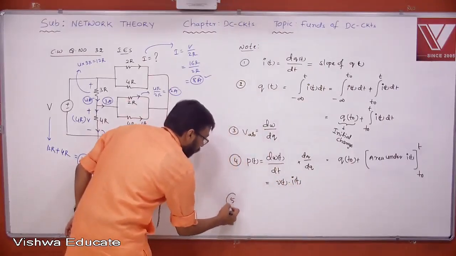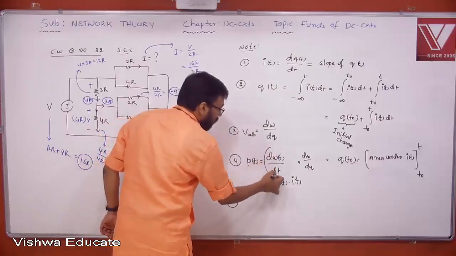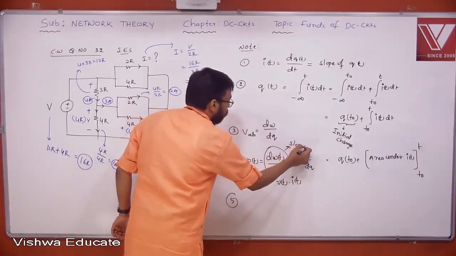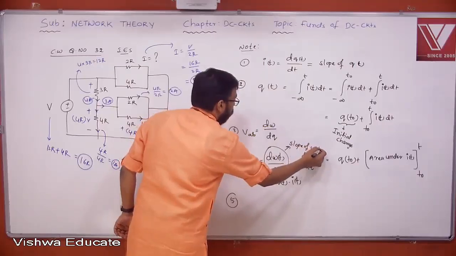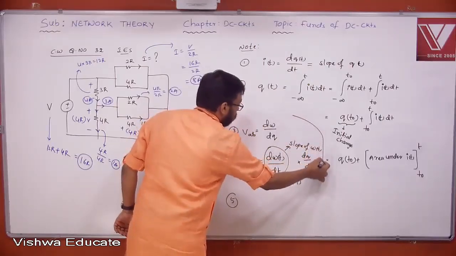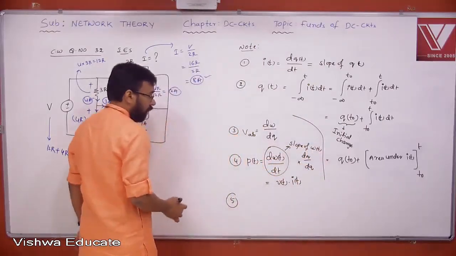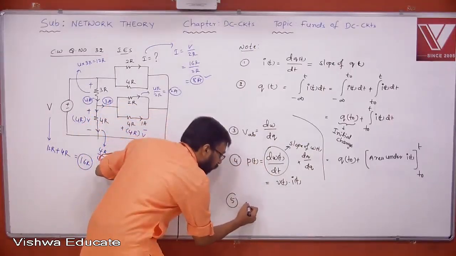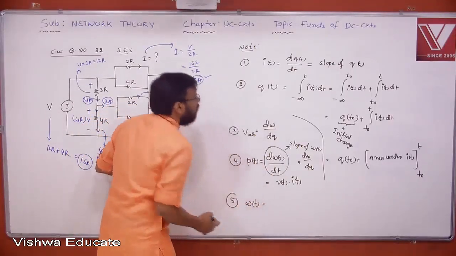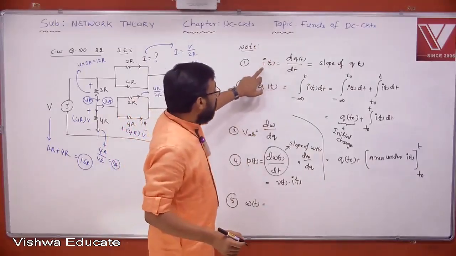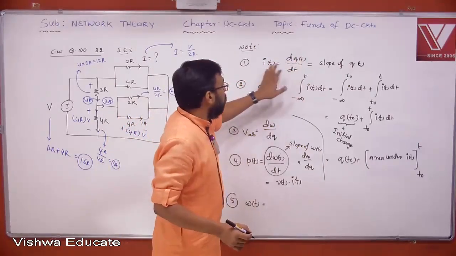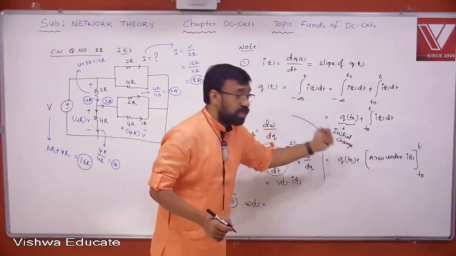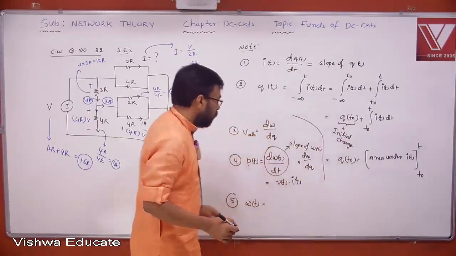Similarly, fifth one. Now can I write this one as a slope? Slope of W of t. Yes or no? Slope of W of t. Now if I know P of t, can I find W of t? What is W of t? Just like in this particular case, I and Q: if you know Q, you find I. If you know I, then you can find Q. Can I write the final expression something like this?